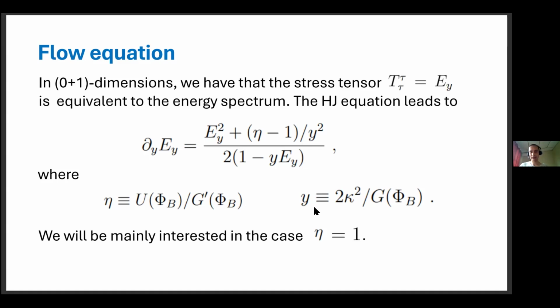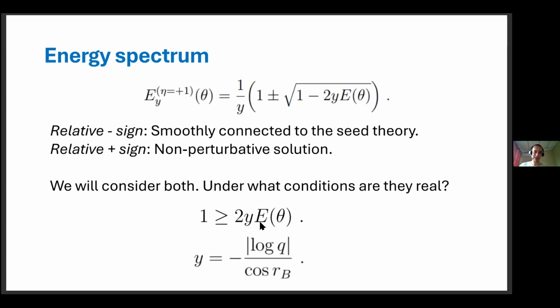We will be mostly focused on the case eta equal to 1. This is the case I told you about, where you need to relate this parameter of the potential and this term appearing in the on-shell action. This is when the on-shell action is finite, when you start with the theory at the asymptotic boundary and move it somewhere in the bulk.